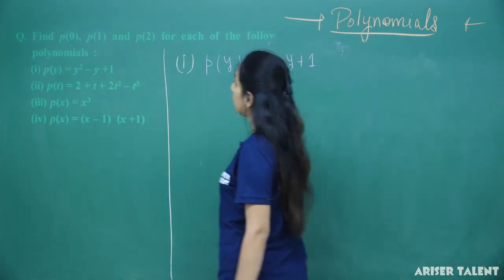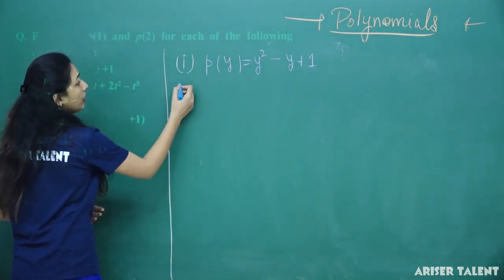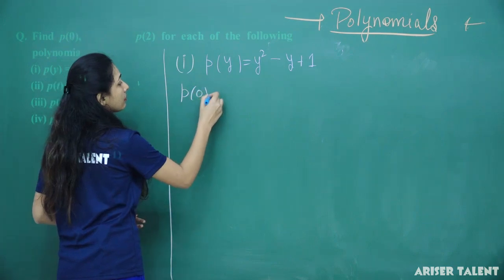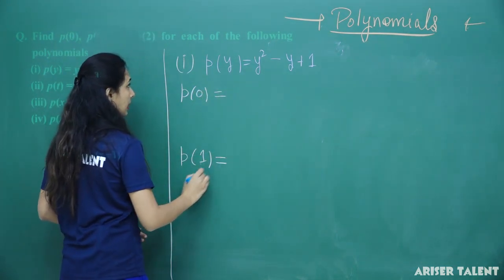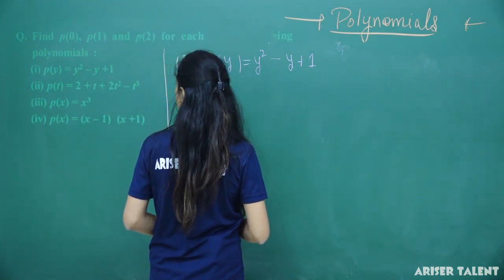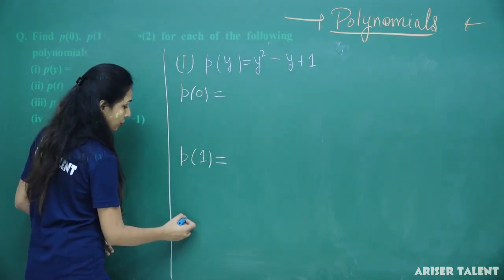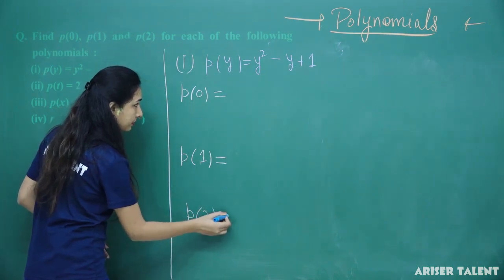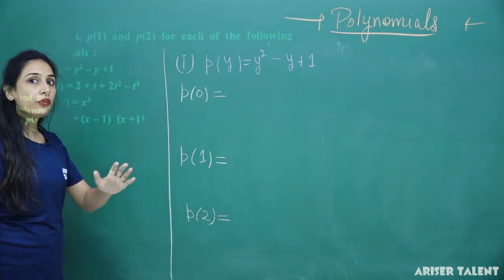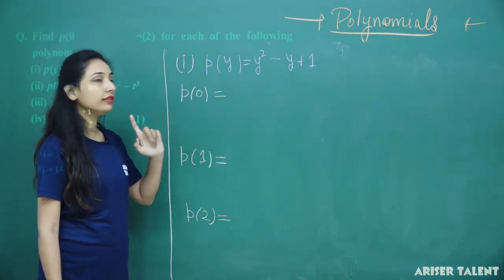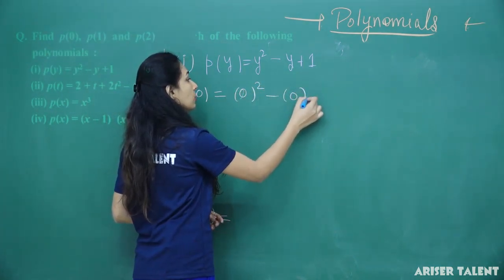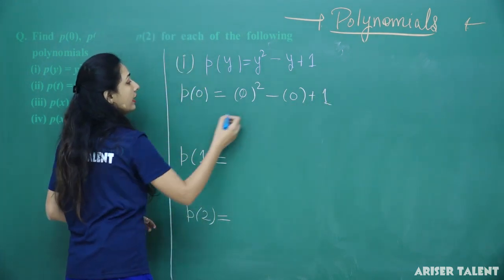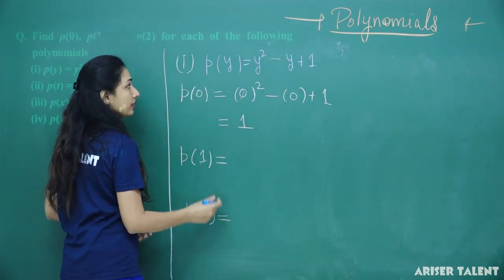Now you have to find first P(0), second P(1) and the third is P(2), right? Okay, what you have to do is just replace this y as 0. So 0 square minus 0 plus 1, 0, 0 and 1. So 1, that will be your answer.